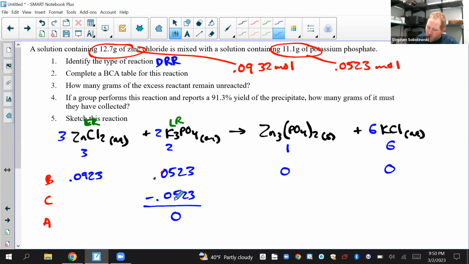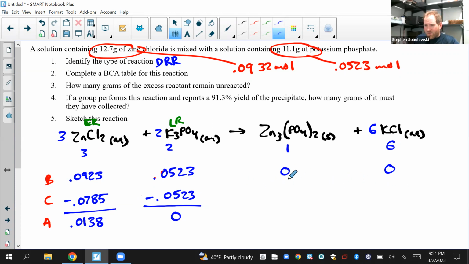So 0.0523 times 1.5, that's your 3/2 ratio. That's going to be minus 0.0785 moles, leaving us with 0.0138 moles remaining.